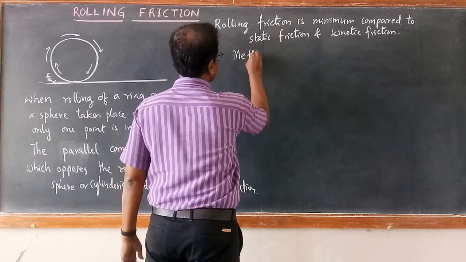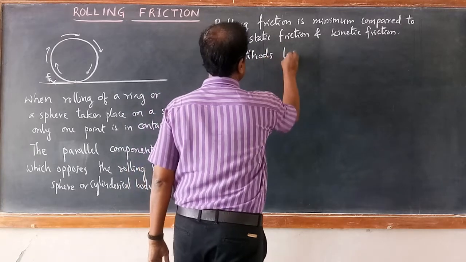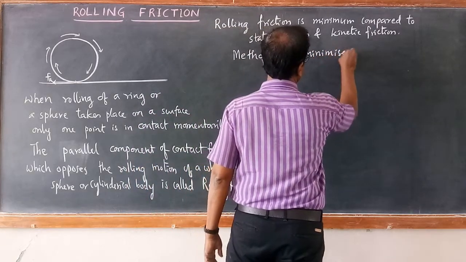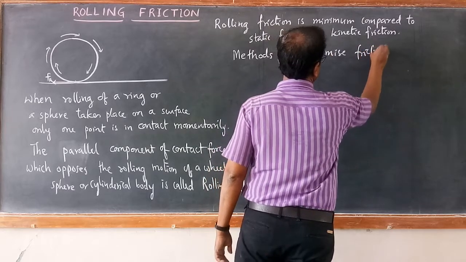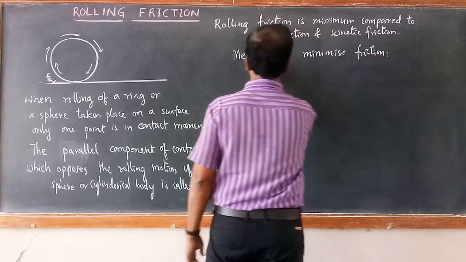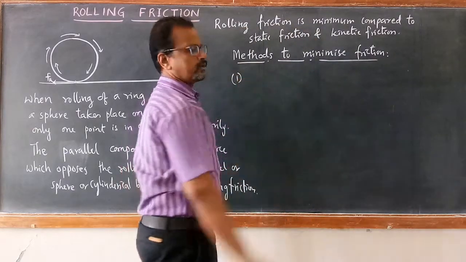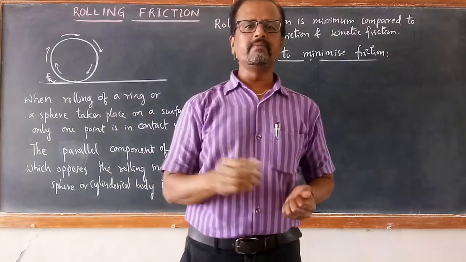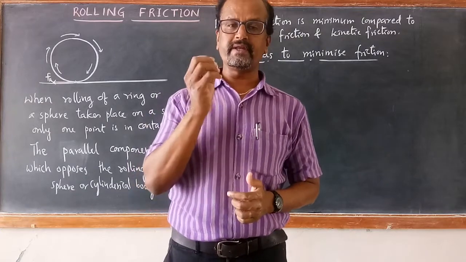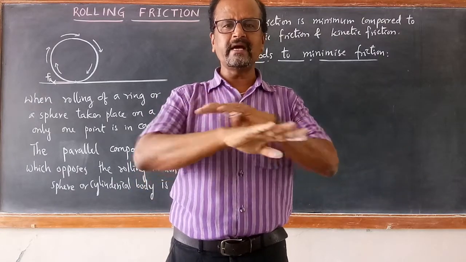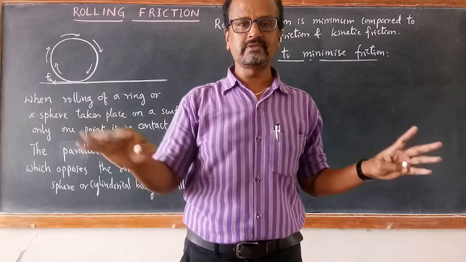Methods to minimize friction. You all know that while playing carom board, you will put boric powder, which is a very fine, smooth powder. It makes the entire board surface very smooth.